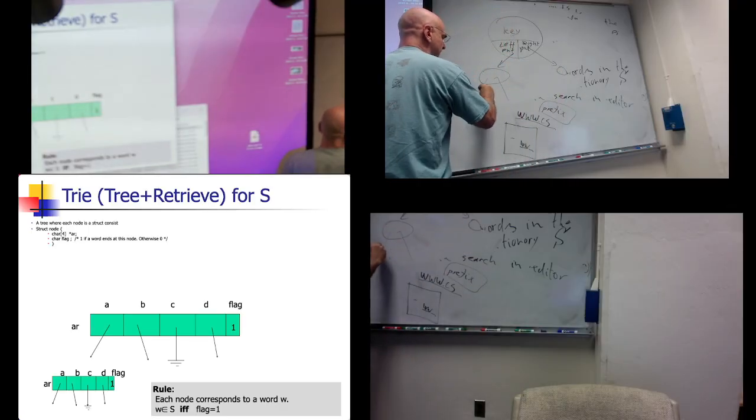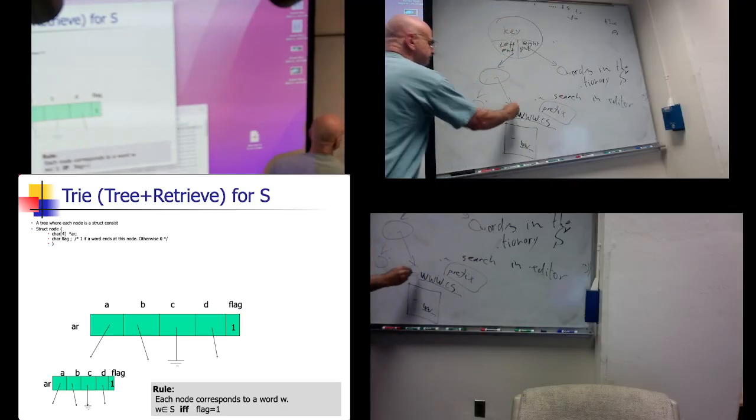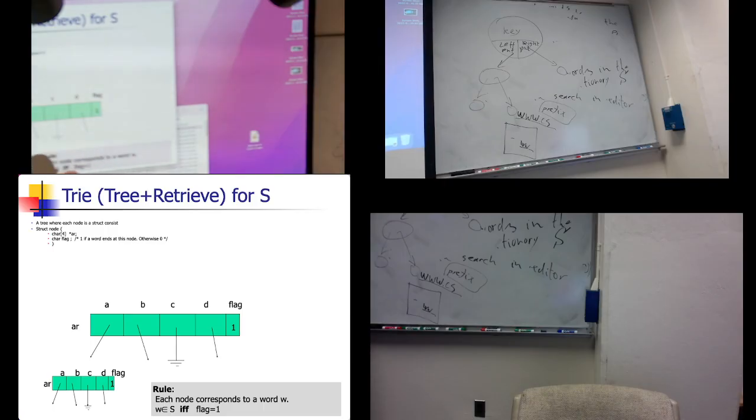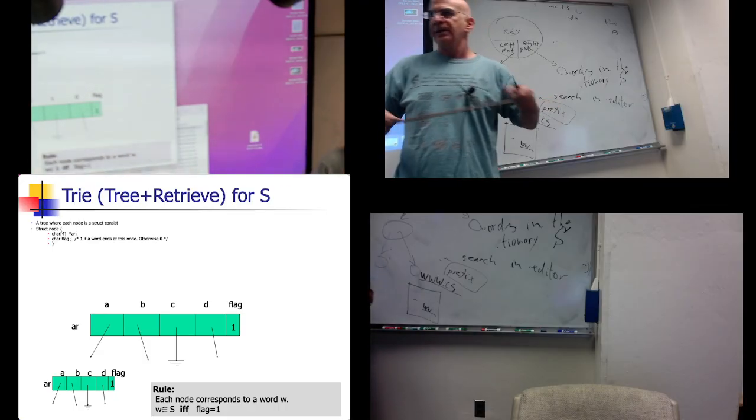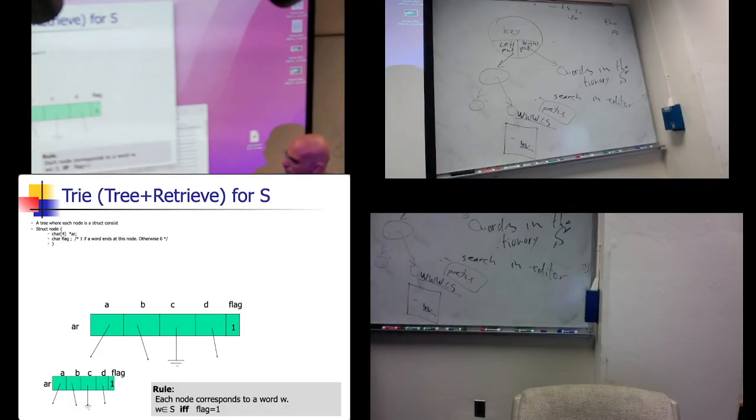And in this way, I'll build a tree. A trie is similar, but not identical. Again, I assume an alphabet of only 4 letters. If I have more letters, then the nodes are larger. And that's, by the way, one of the disadvantages of tries, that each node might be chunky, larger.